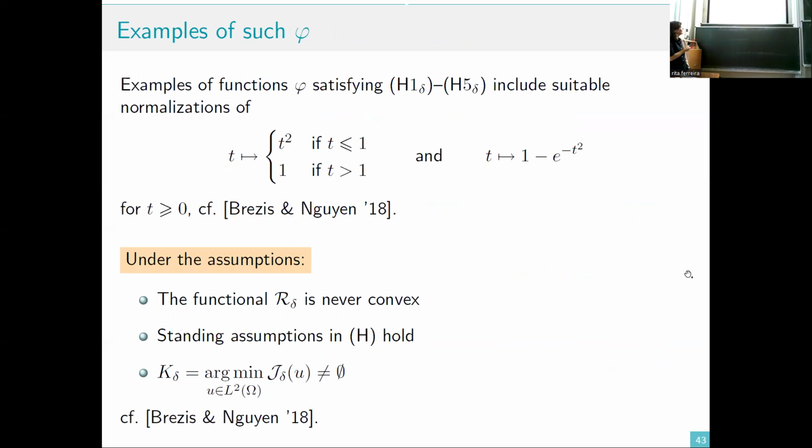Here are two examples of such, and it comes out as a corollary to their study. In this case, the regularizers are never convex functionals, but still the standing assumptions do hold, and you can prove that there exist minimizers for the associated reconstruction functional.